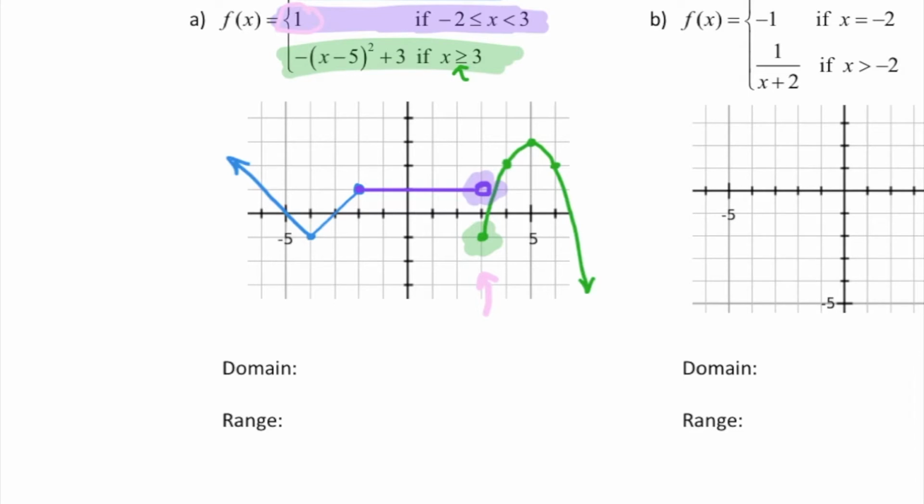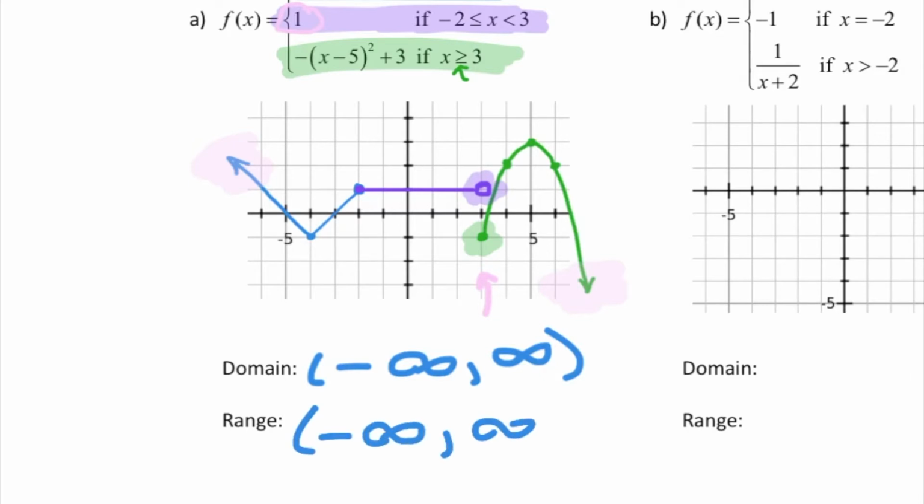There's still no x values missing, so your domain is negative infinity to positive infinity, all real numbers. Your range also, because it goes here to negative infinity and here to positive infinity, has no breaks in the range either. All the y values are covered, so we're going to say that the range is also all real numbers, negative infinity to positive infinity.